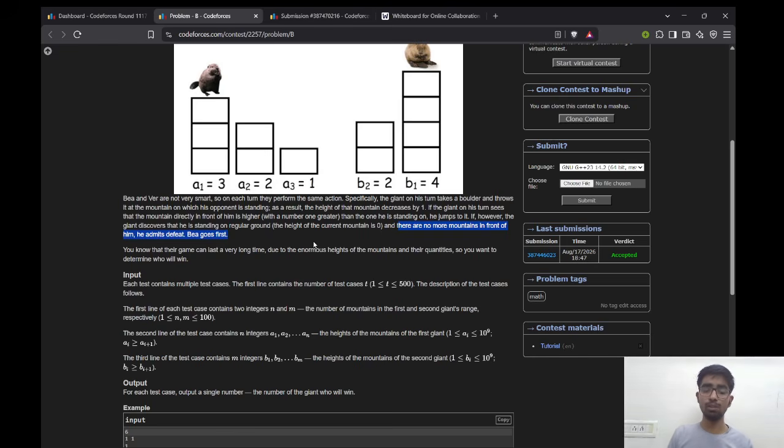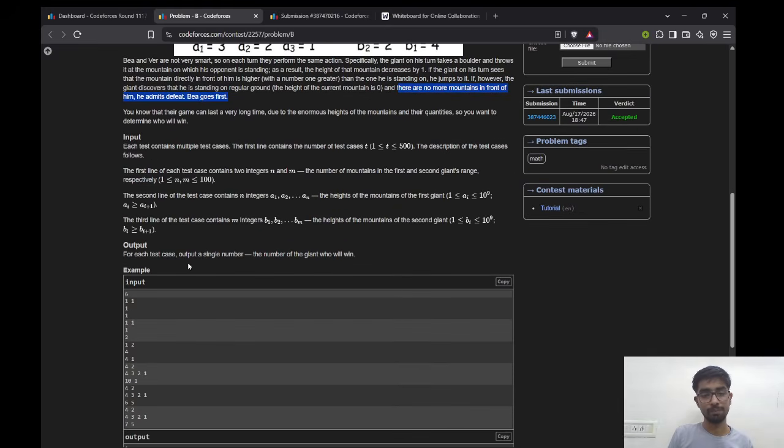So we have to go first. You know, the game can last a very long time due to the enormous heights of the mountains, so you want to determine who will win.